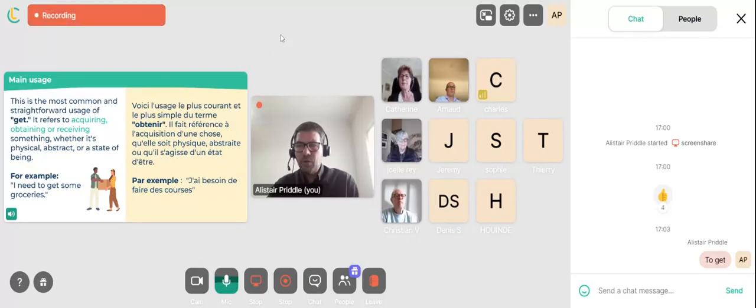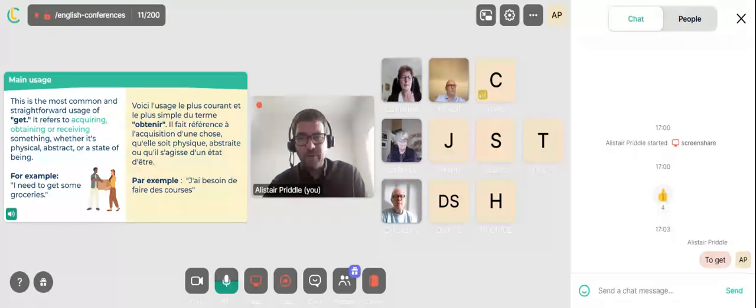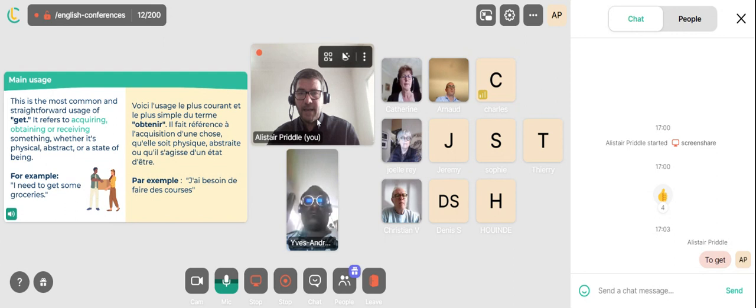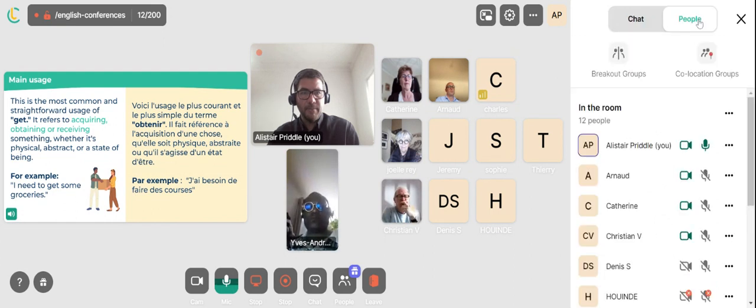This is the most common and straightforward usage of get. It refers to acquiring, obtaining, or receiving something, whether it's physical, abstract, or a state of being.